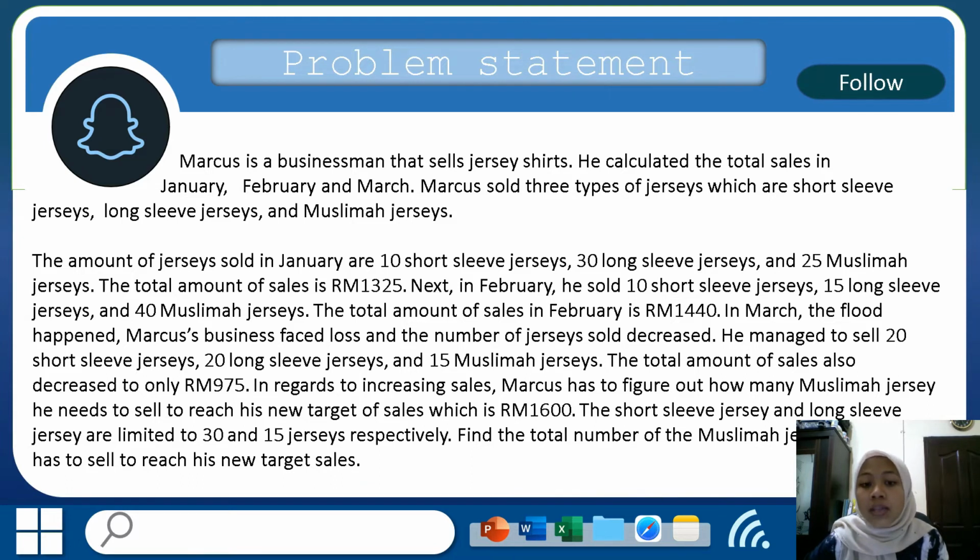In regards to increasing sales, Marcus has to figure out how many Muslimah jerseys he needs to sell to reach his new target of sales, which is 1,600 ringgit. The short-sleeve jersey and long-sleeve jersey are limited to 30 and 15 jerseys respectively. Find the total number of Muslimah jerseys that Marcus has to sell to reach his new target sales.